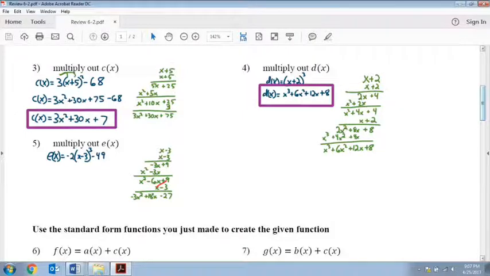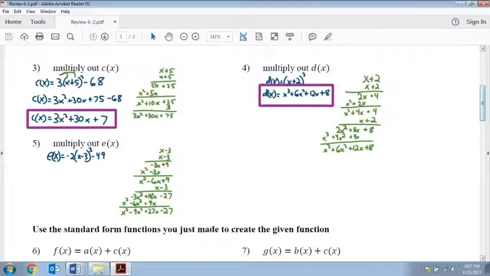So x times 9 is a positive 9x. X times negative 6x is negative 6x squared. And x times x is x to the third power. So we get x cubed minus 9x squared, 18 plus 9 is 27, plus 27x minus 27.